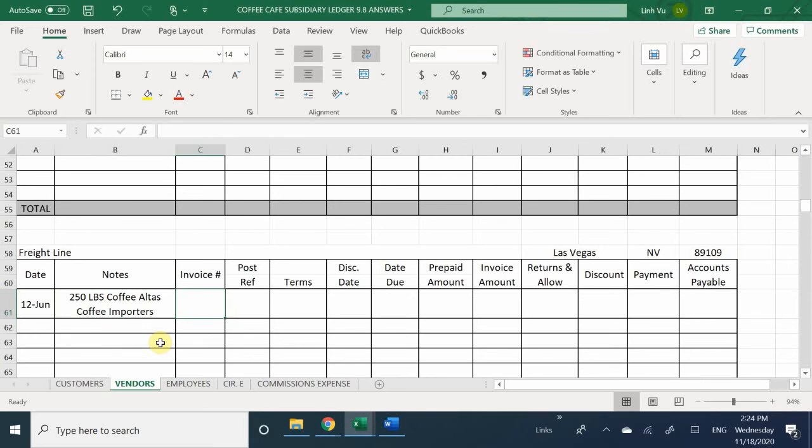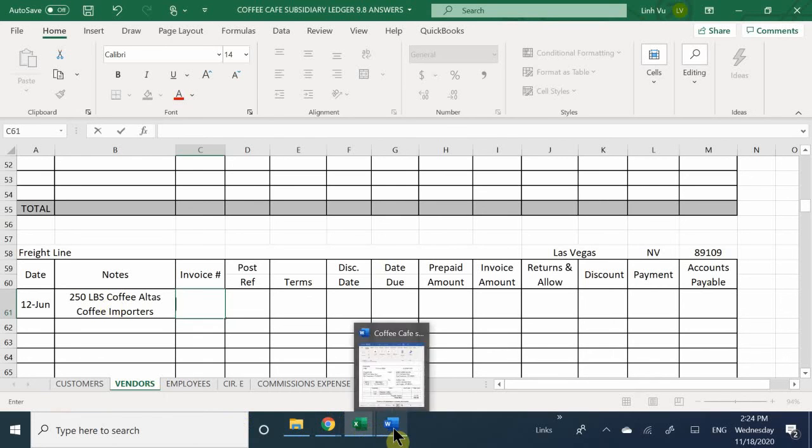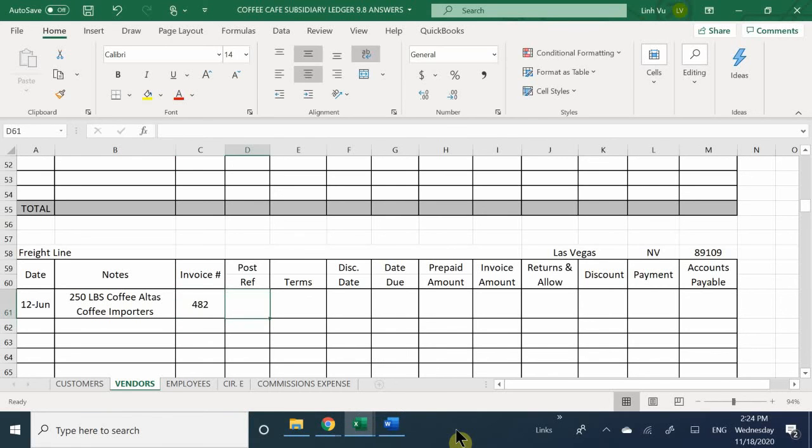Okay. Invoice number, what was it? 482. All right, post reference is General Journal number 4. And terms is going to be COD.